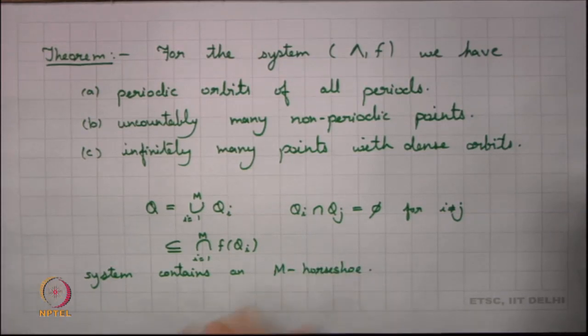This is what we mean by a topological horseshoe. The existence of a horseshoe in the system is good enough to tell me that the system is chaotic.